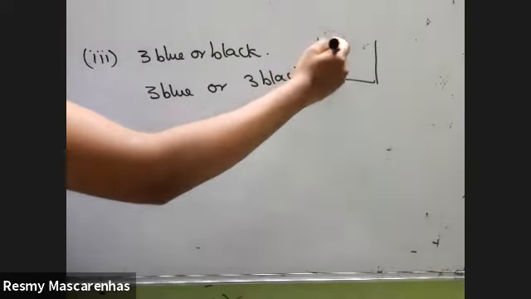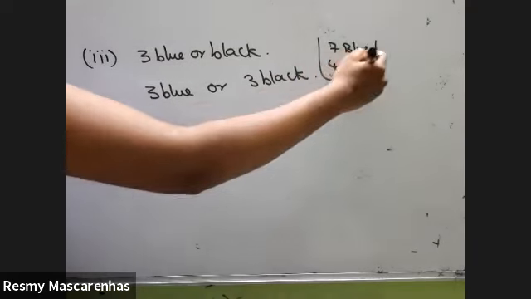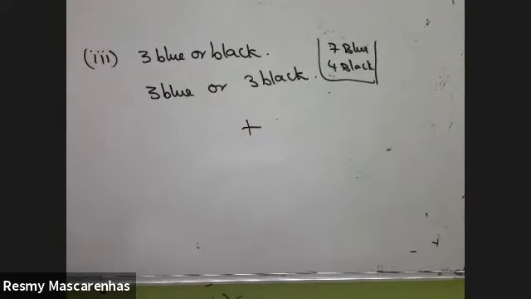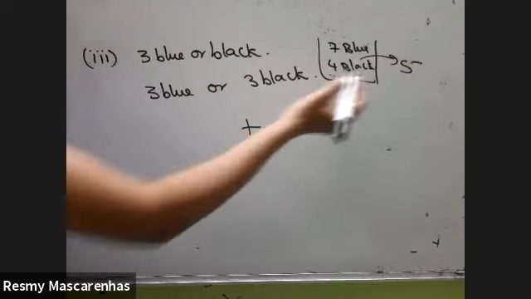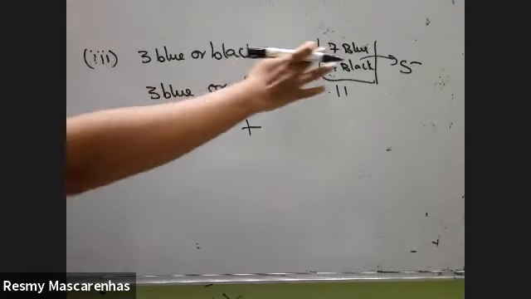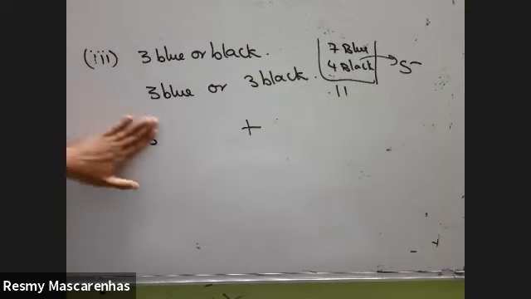This is 7 blue, 4 black available. So or means there's a plus sign. Now 3 blue. Total out of this has to be 5, and this is 11. Now if I'm picking up 3 blue, just check how many options there are.